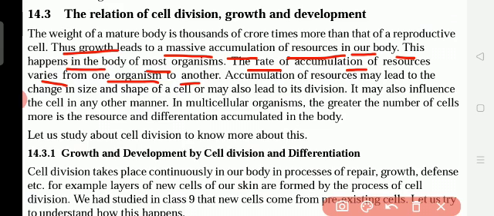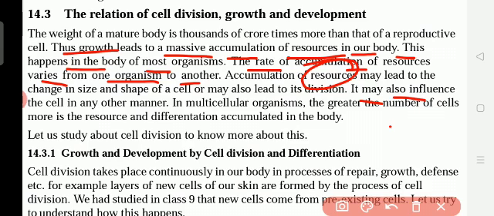Accumulation of resources may lead to a change in size and shape of a cell, or may also lead to its division. The food we eat helps for fast and healthy cell division. So the resources, the food materials and the energy we have, help for the shape of the cell and for the division of the cells.